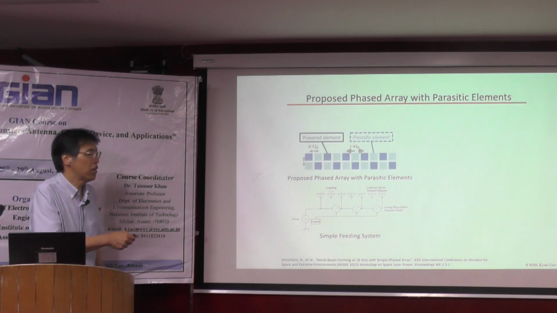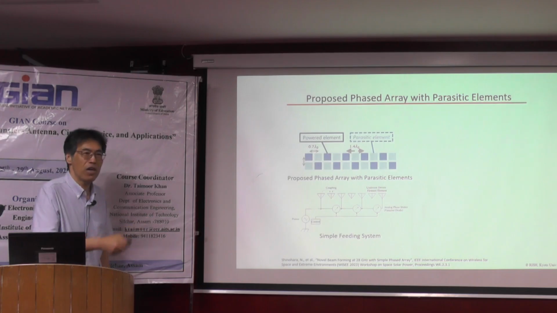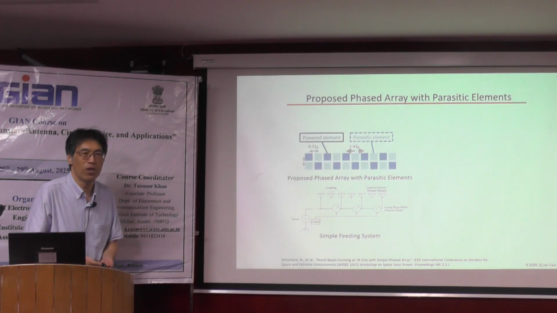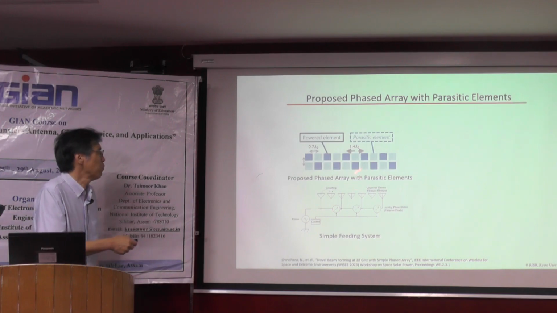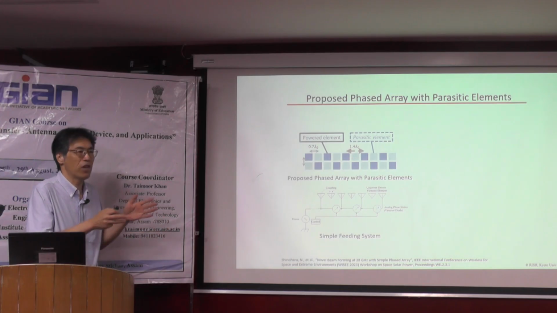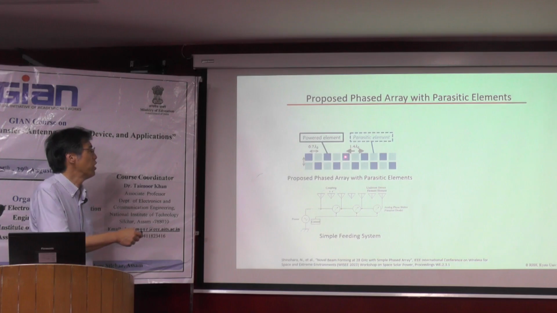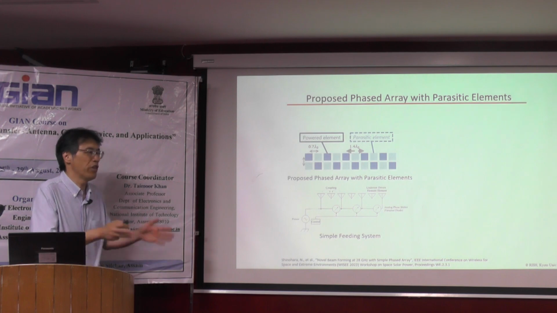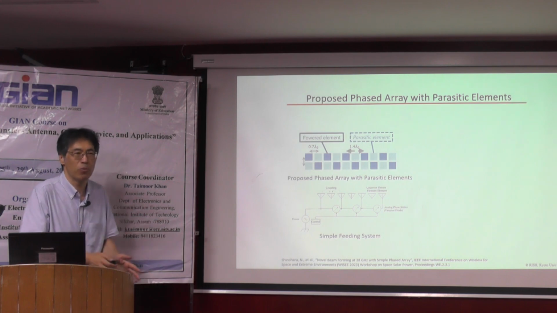As a result of the mutual coupling, this metal suddenly becomes an antenna, because here we have a current distribution. So in this case, between the long distance wavelength element spacing, we can put a similar parasitic antenna, and as a result, we can reduce the element spacing.